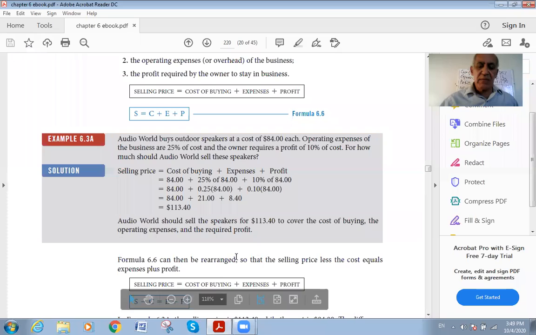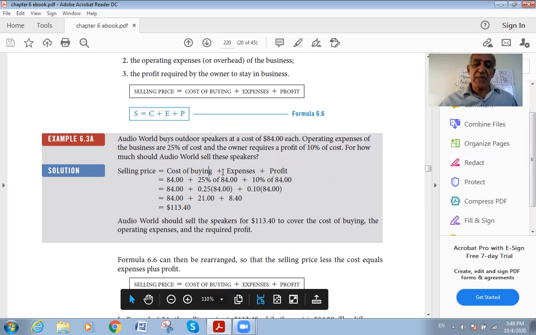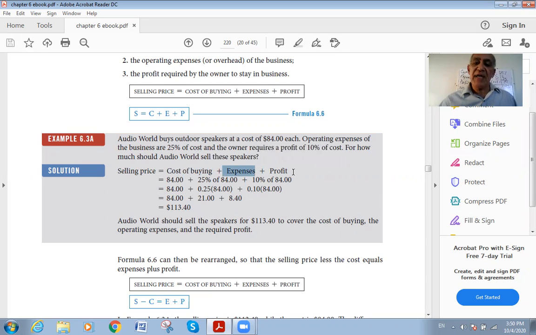Look at this now. This is the example which we just solved now. Now this is the cost of buying. Selling price. Now I'm the seller. I will decide the selling, like I'm saying. So I will say how much it cost me to bring this item, and how much I paid expenses till it came to my shop, and how far I want profits for myself, like 10% of the cost.